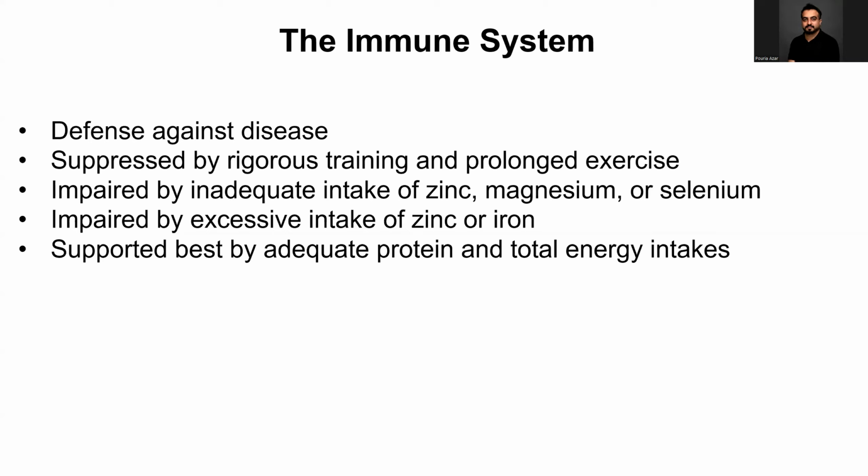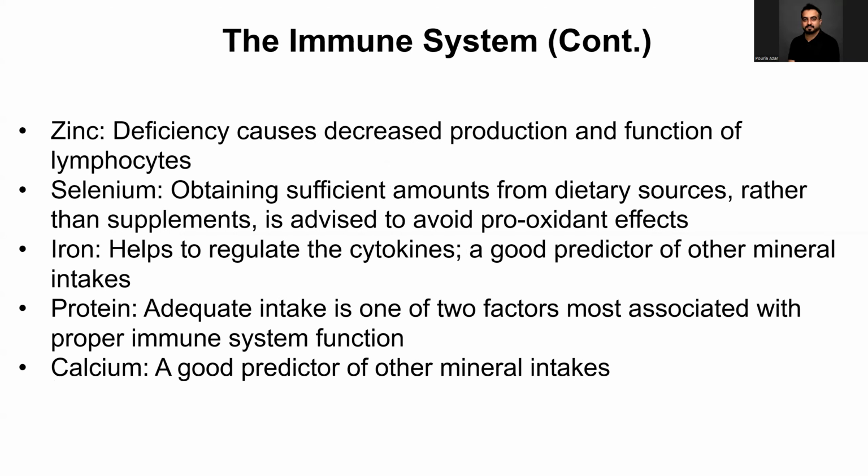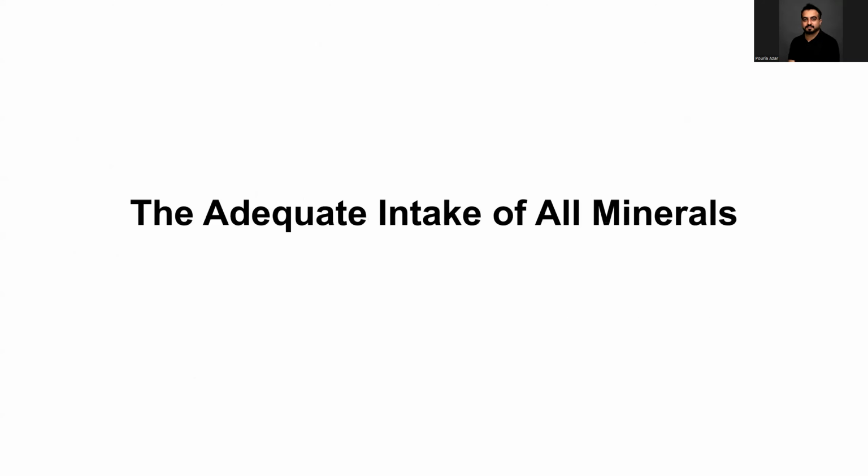But in order to have optimal immune function, we need adequate protein and total energy intakes. This slide summarizes the deficiency of different minerals and their impact on the immune system. I'm going to leave this slide to you to read and review.